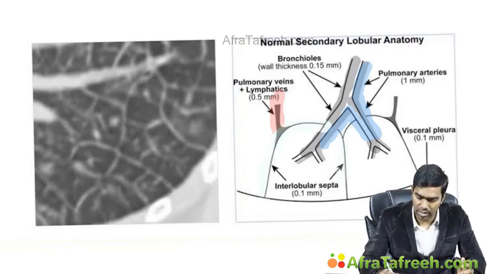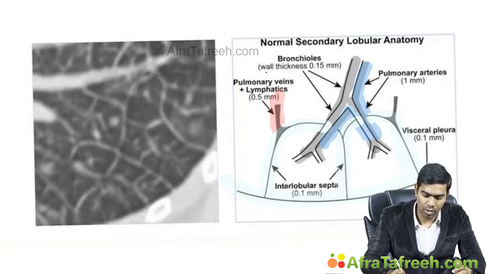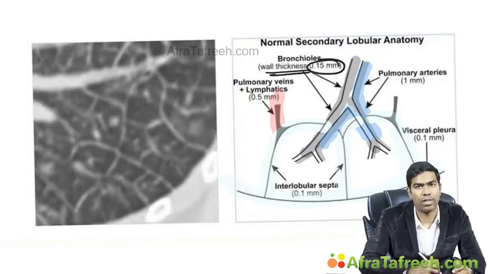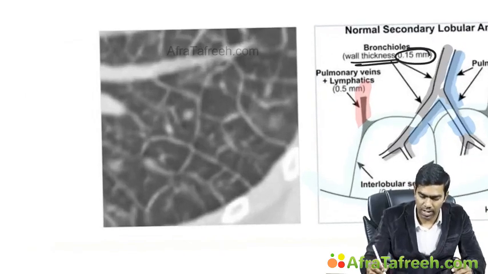And this is the interlobular septum that you are seeing. Interlobular septa are typically 0.1 millimeter thick, and this is the visceral pleura that is covering the secondary pulmonary lobule. Clear? And here the bronchial wall thickness, as I mentioned, is 0.15 millimeters. All this data we have given already, so it's not something new. Let us come back to this.